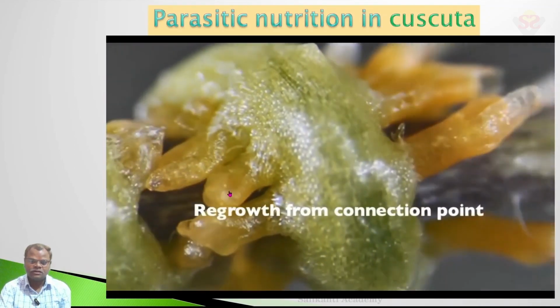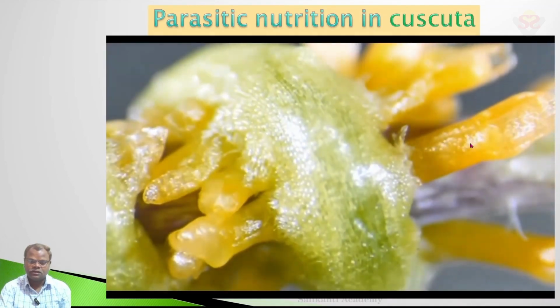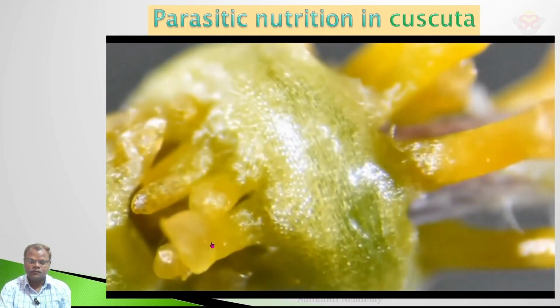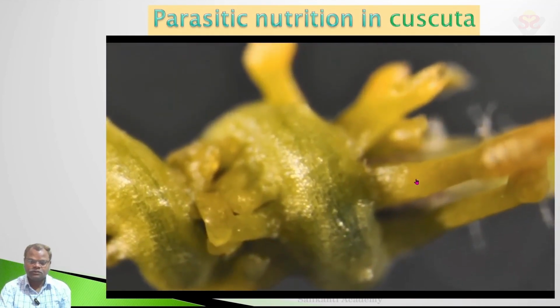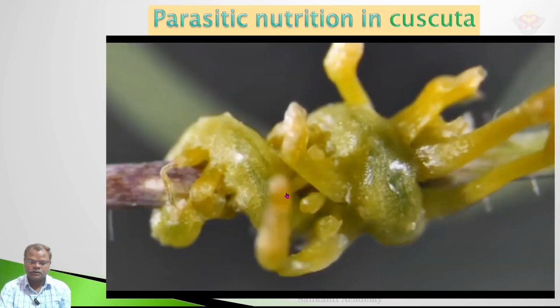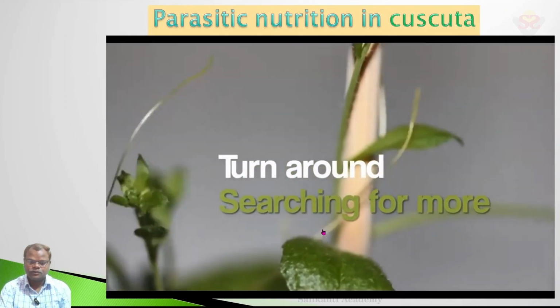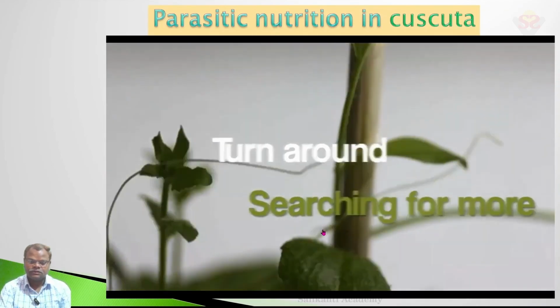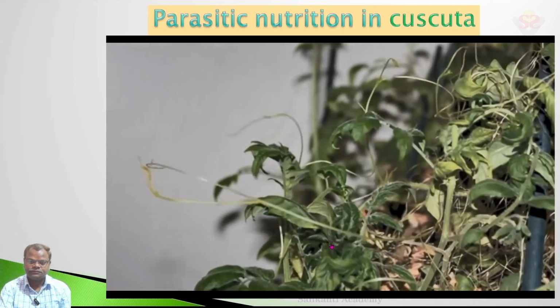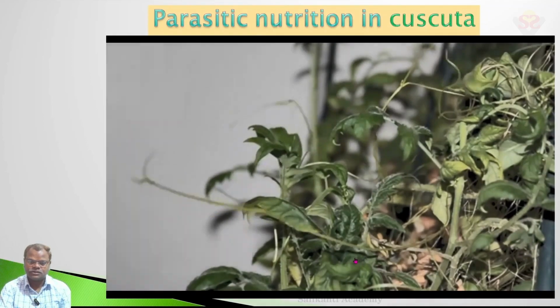These are the haustoria of Cuscuta, after penetrating into the stem of the host. These are the different types of Cuscuta.